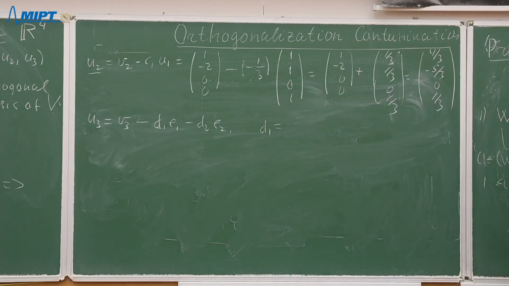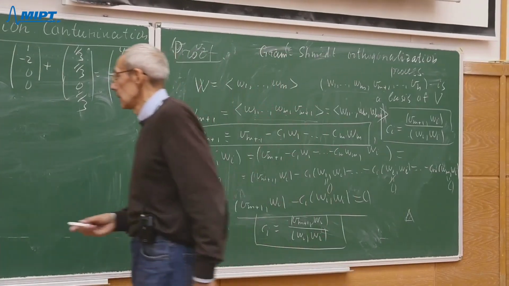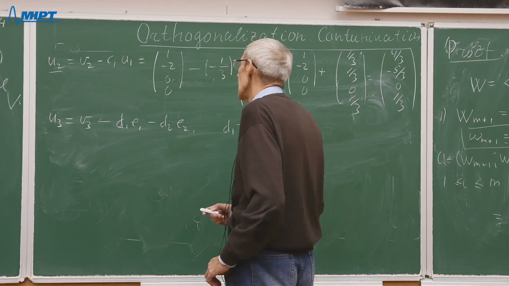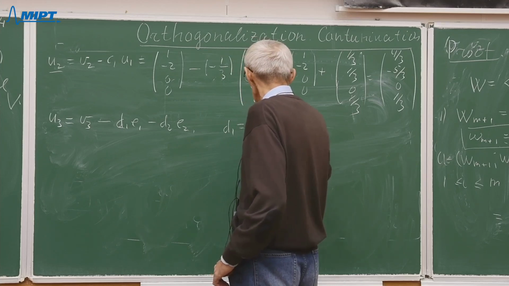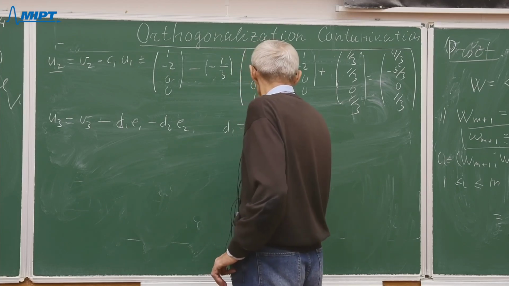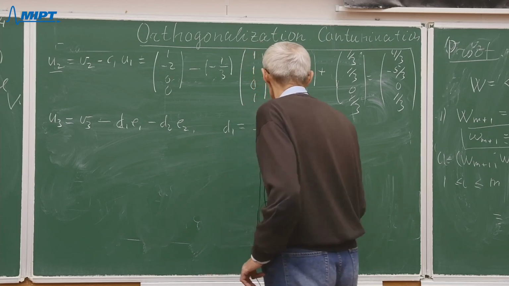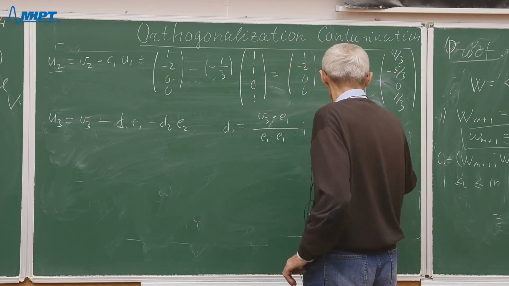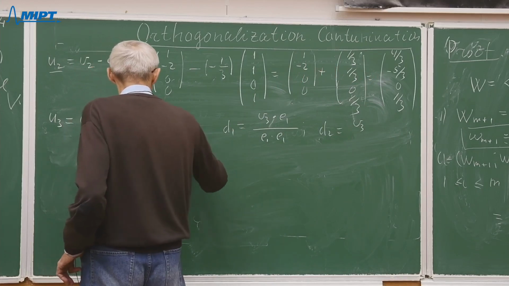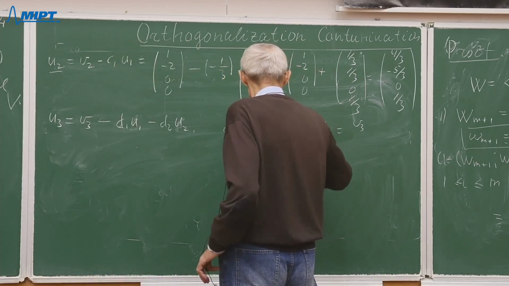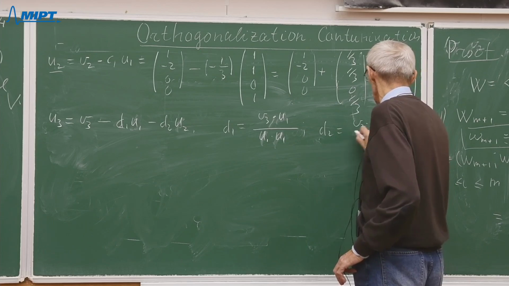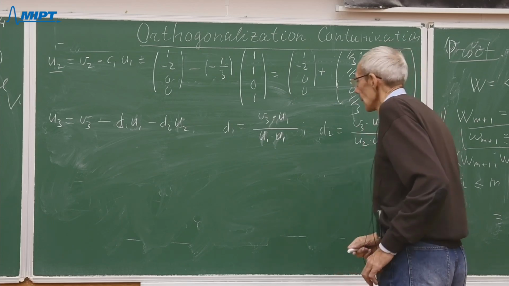The coefficient d1 is the ratio of (v3, u1) divided by (u1, u1), and d2 is the ratio of (v3, u2) divided by (u2, u2).